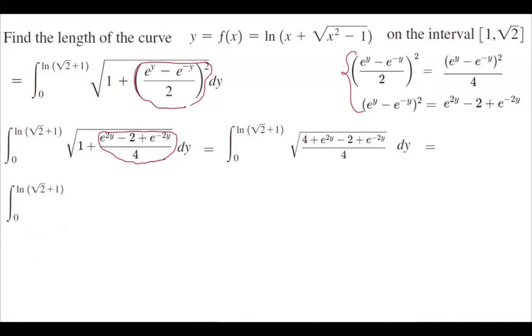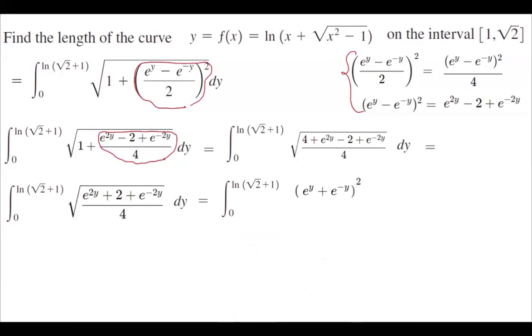But 4 and negative 2, well, if you combine these, you get positive 2. What happens is that inside your radical, you have (e to power 2y plus 2 plus e to power negative 2y) divided by 4. This can be combined in just a binomial, which is (e to power y plus e to power negative y) to the second, and then you take the integral of it.